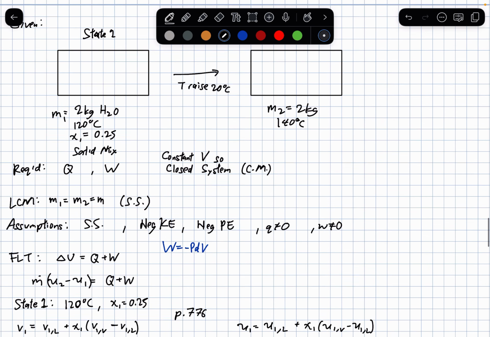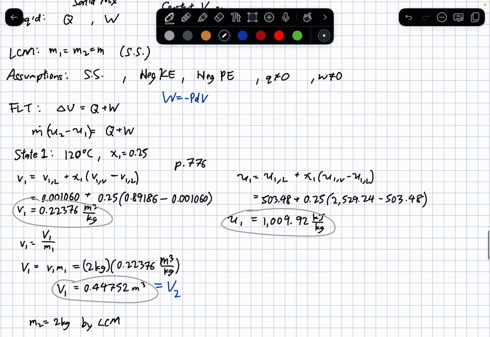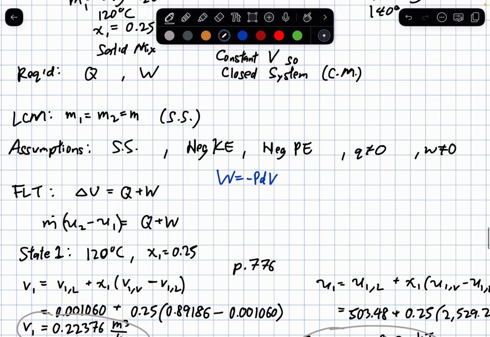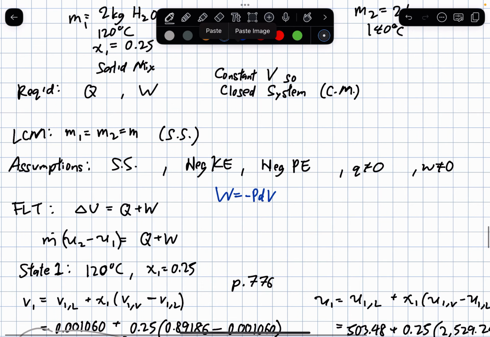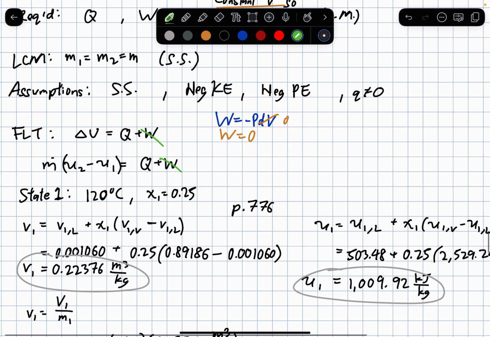Do we have a pressure value? We don't. Wait, so since our process is constant volume, dV is equal to 0. So this one is 0. Therefore, the work is equal to 0. Okay, so in that case, Q is simply just this one.